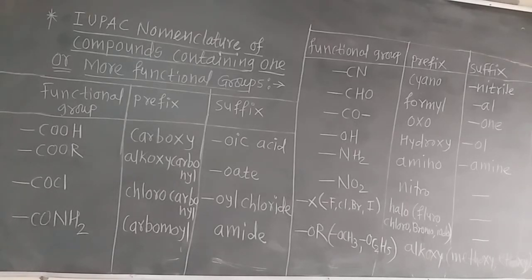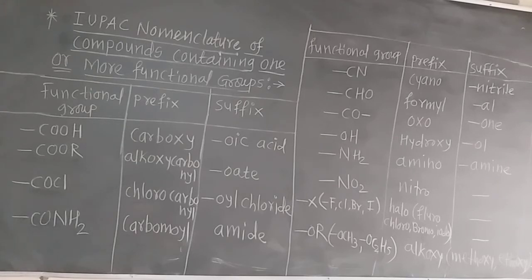Now if there is the acyl group, the acetyl carbonyl group, generally called the acyl group, then if it is taken as the prefix, it is given the name chlorocarbonyl. But if we take it as the suffix, OYL chloride, such a name is given.